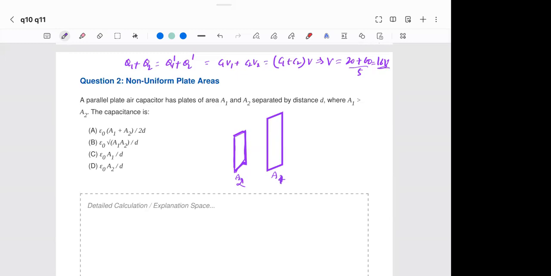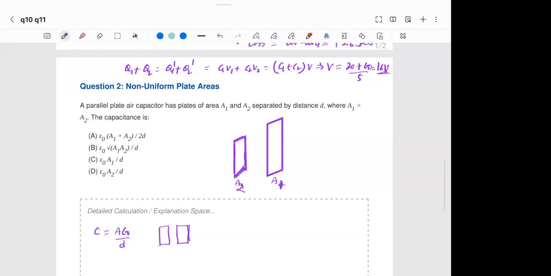Effective capacitance: the general formula is A epsilon naught by D, when both plates are of the same area. Now they are of different area. So how do we calculate effective capacitance? Here we have to consider the electric field lines in the common area.